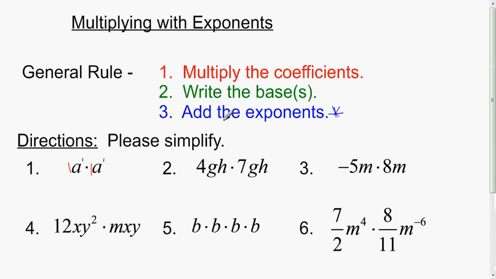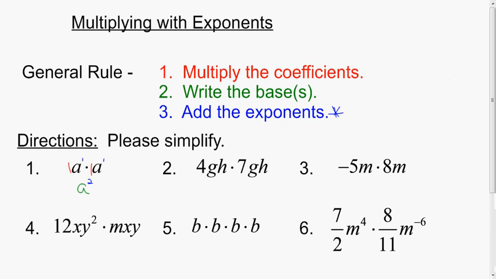The only thing that can really confuse this problem, if you have this rule nailed down, is not realizing that. So we're going to multiply the coefficients and get 1, which I'm not going to write, and then I'll write the base, which is in this case a, the variable, and I will add the exponents, which is going to give me a 2.